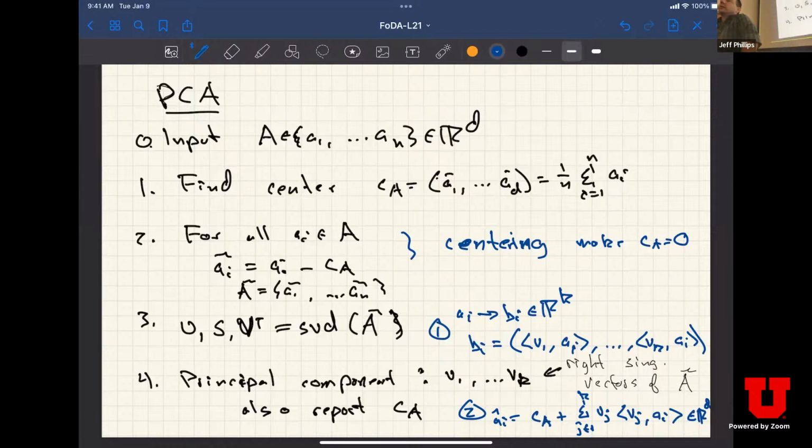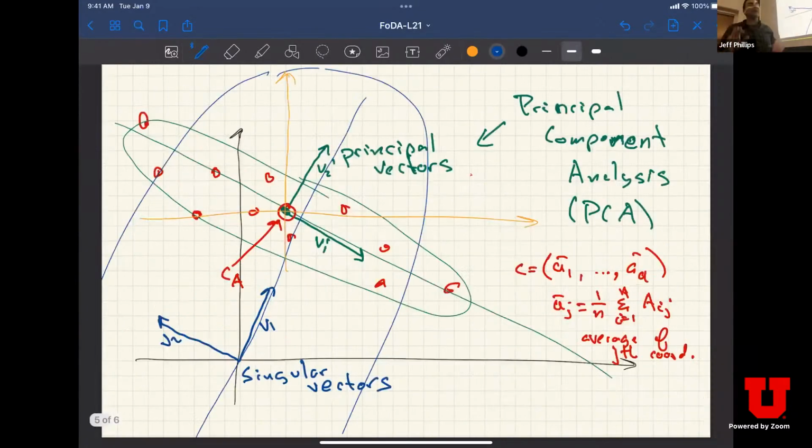You need to center them first? No, you don't have to do that. Again, it's a good question. It's a confusing point, but I could center them first.